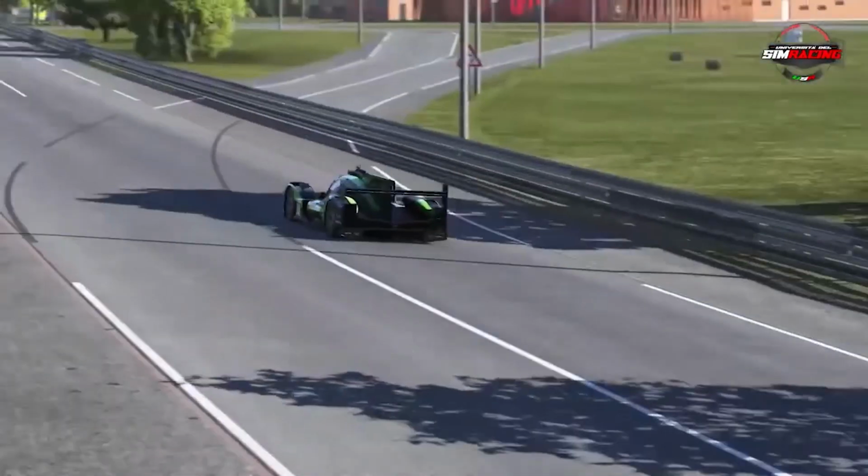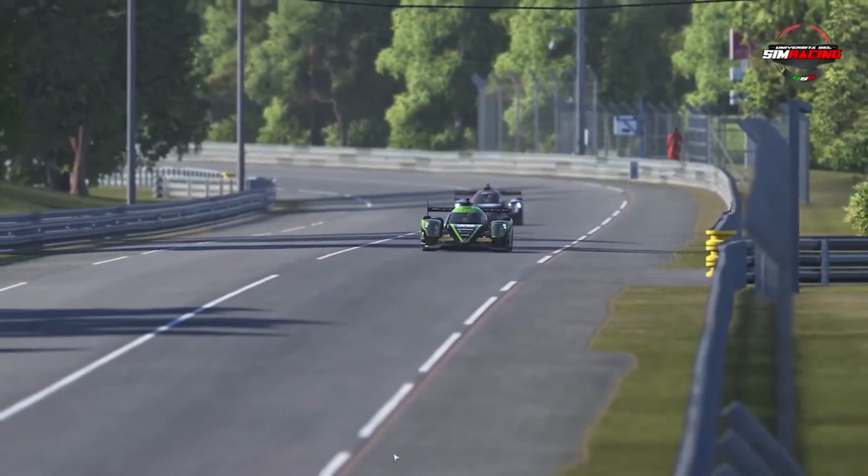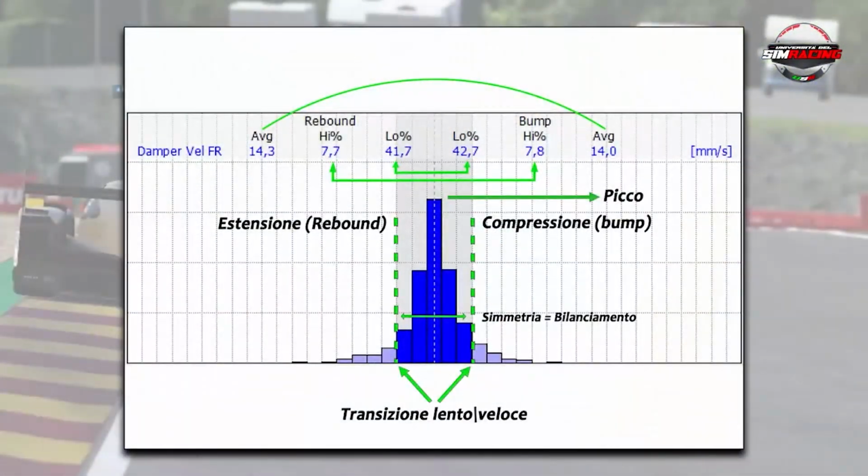Another crucial aspect when analyzing histograms is symmetry. A well-balanced histogram should be symmetrical around the zero node, ensuring that the damper dissipates the same amount of energy in compression and rebound. If the histogram is asymmetrical, the car may experience a phenomenon known as jacking down or jacking up.